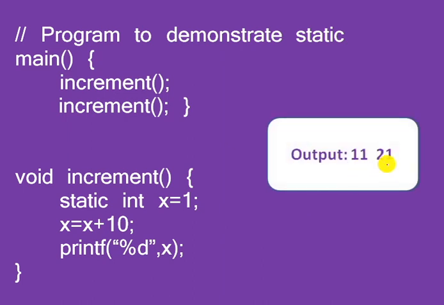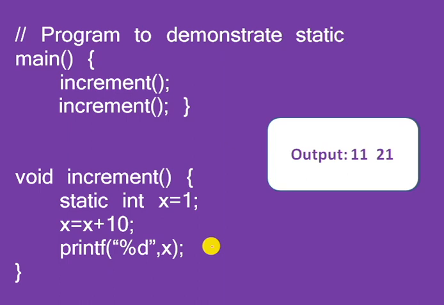That means if you declare any variable as a static variable, that value is initialized once. After you increment or do any modification, that will take effect. If you try to call the same initialization statement one more time, the value is not initialized.